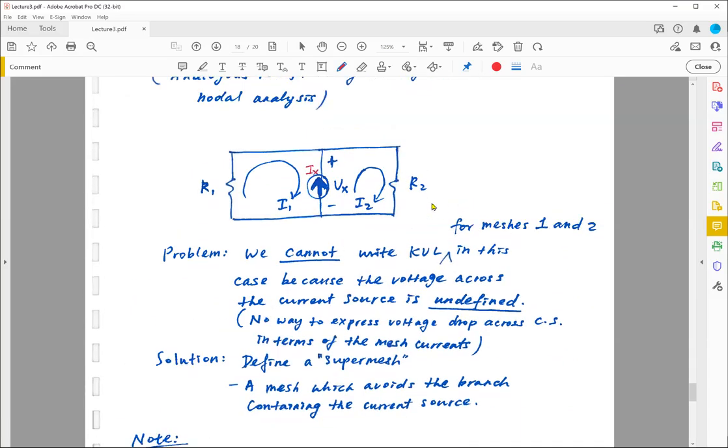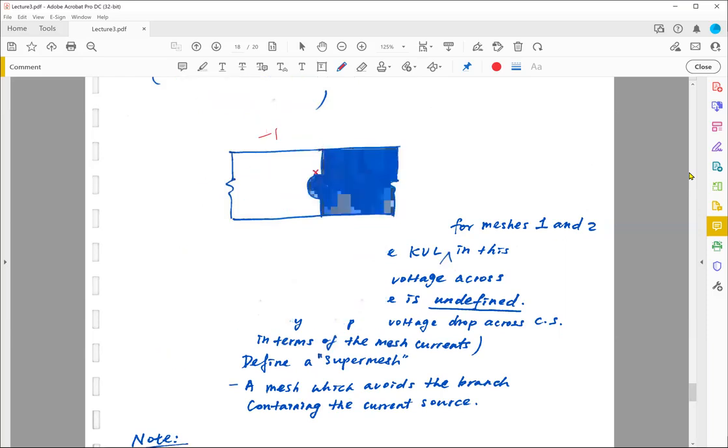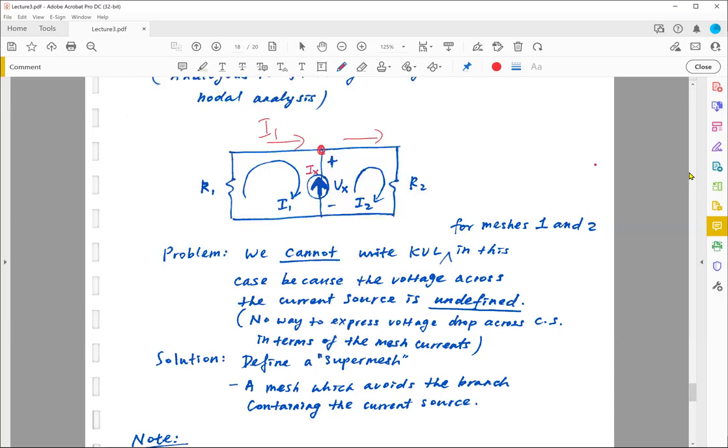In this case, it's very simple. How do you relate this current I1 and I2, even with this current source sitting in between? Well, this is exactly what we just saw. Put a node here. We have current flowing into this node, which is I1, and current flowing out of this node, which is I2. And there is current flowing into this node, set by the direction of this current source, which is Ix.